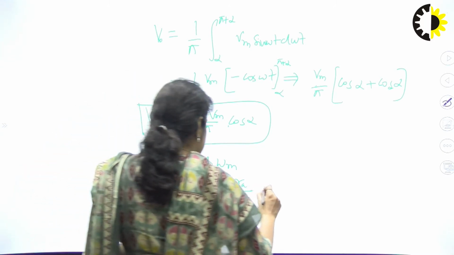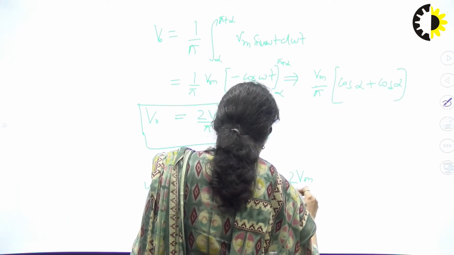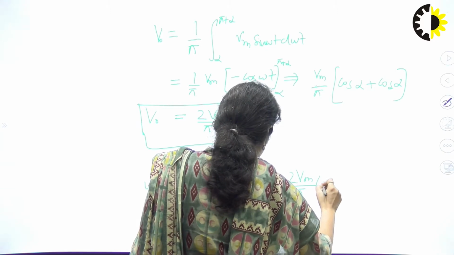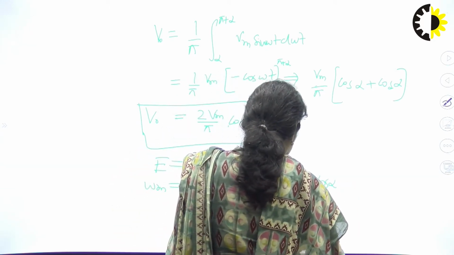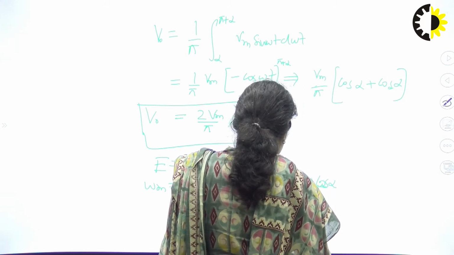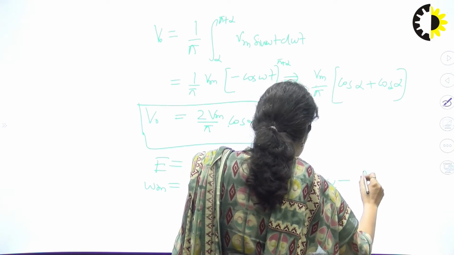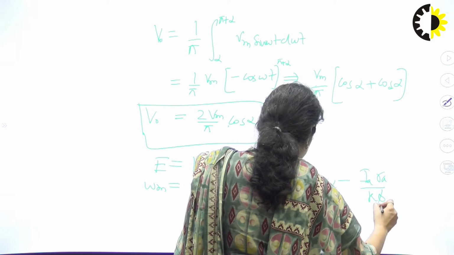So this can be written as V0 replaced by 2 Vm by pi cos alpha upon K phi, minus IA RA upon K phi.